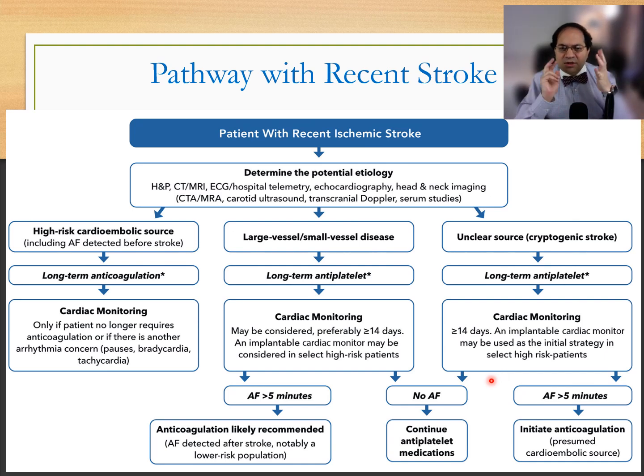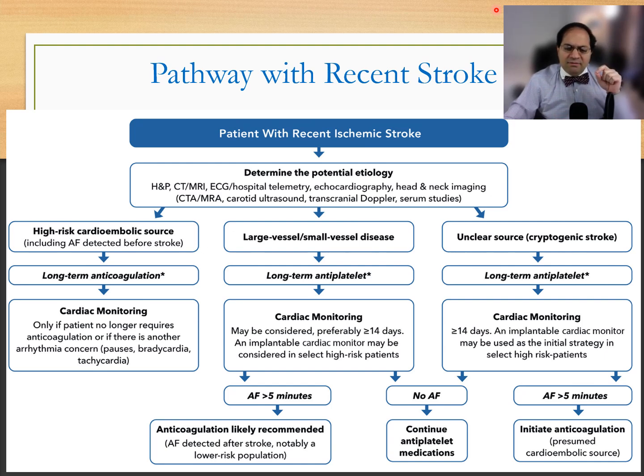The high-risk patient is the patient that has a history of heart failure, or has a left atrial size that is significantly large. The cutoff is a little bit different, but it is mentioned in one of the studies as more than 4.1. So medium size and above left atrium will be considered as one of the features of a high-risk patient. Also, there are scoring systems now for prediction of recurrence of stroke, and one that has a very good C value and is well validated is the CHASE-LESS score, which we're going to talk about in the next slide.